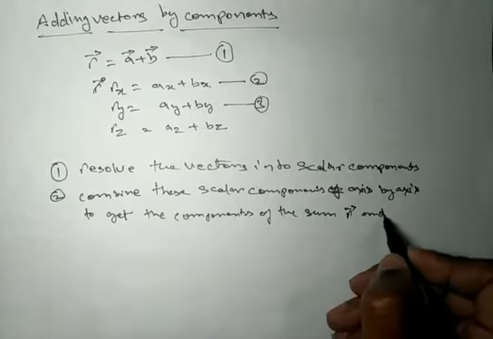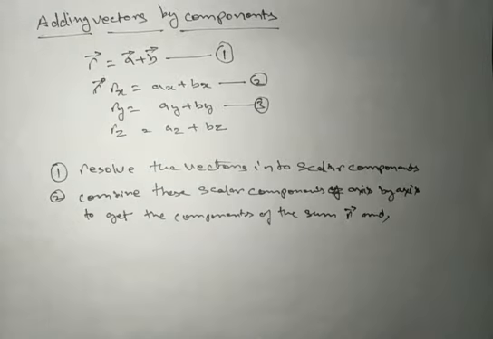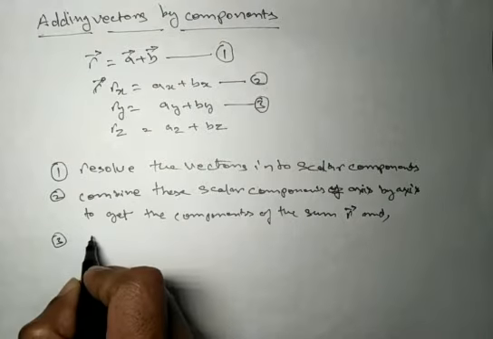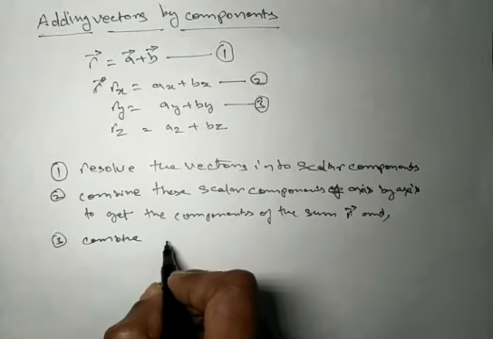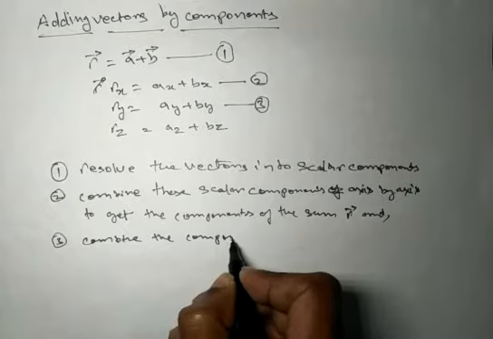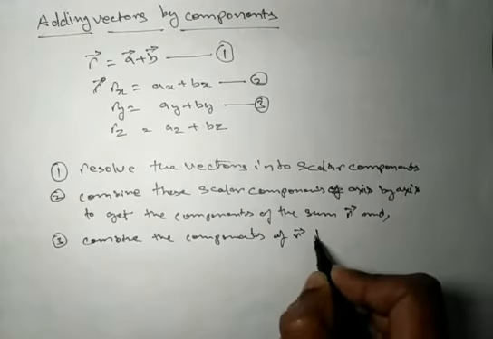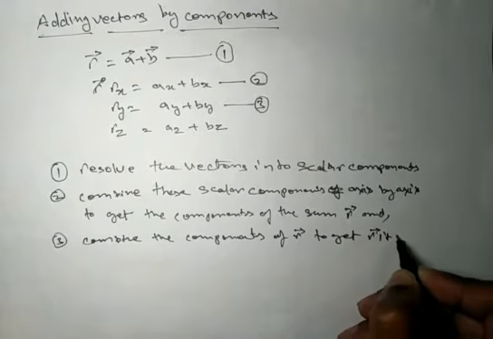And the third one is combine the components of vector r to get vector r itself.